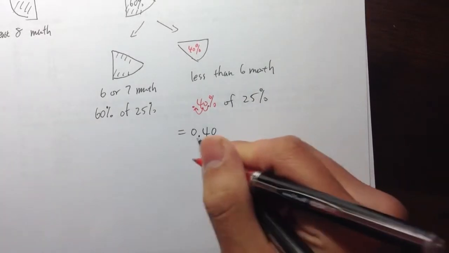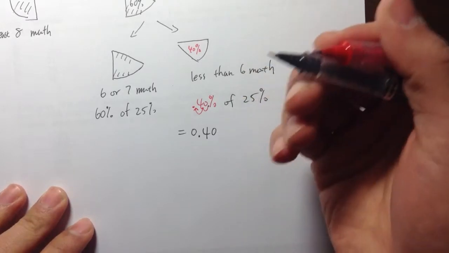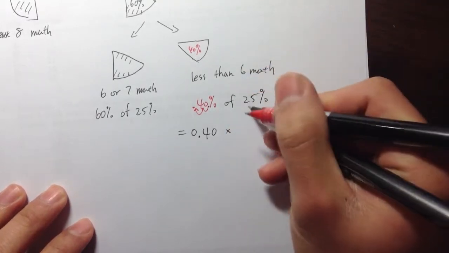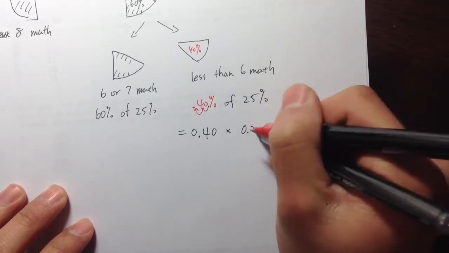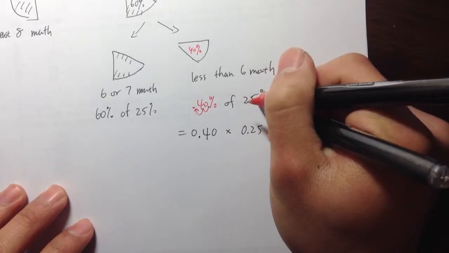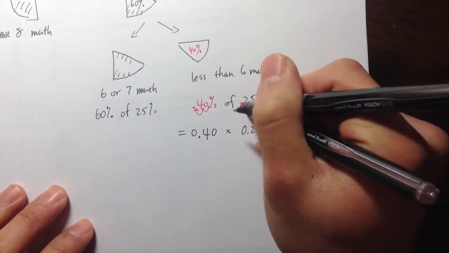I like to have the 0.40. The word "of" translates to multiply. I'm going to multiply. Likewise, 25% is just 0.25. As you can see, we can just take 25 with a point, and move the decimal point once, twice to the left.